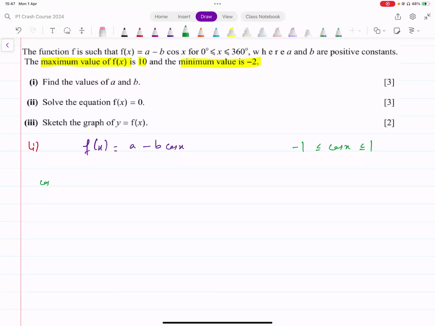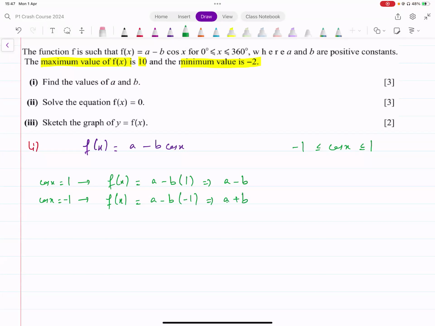So all you have to do is input cos x equals 1 once and see what that gives you. F of x equals a minus b into 1, and that results in a minus b. And then you can input cos x equals -1, and that gives us a minus b into -1, and that turns out to be a plus b.